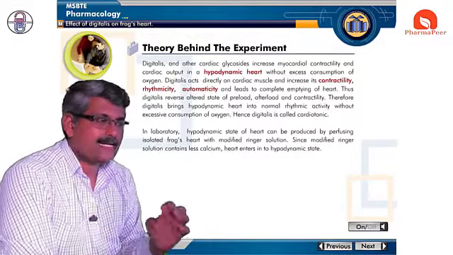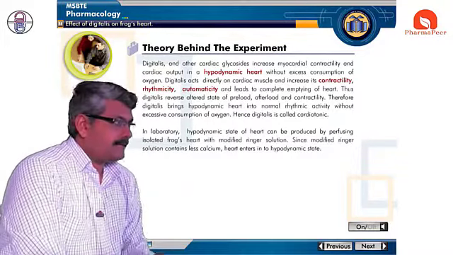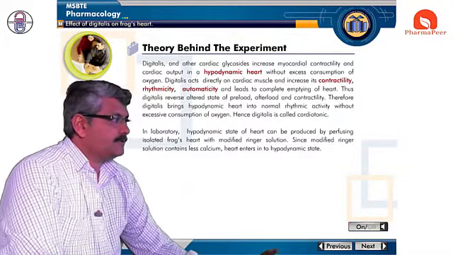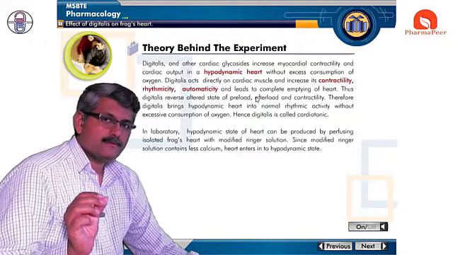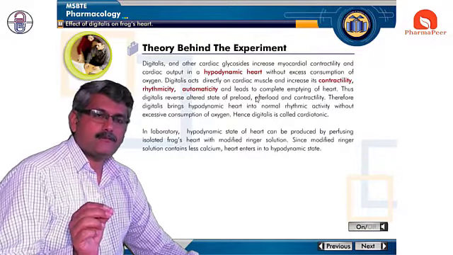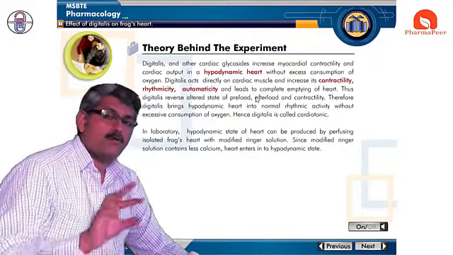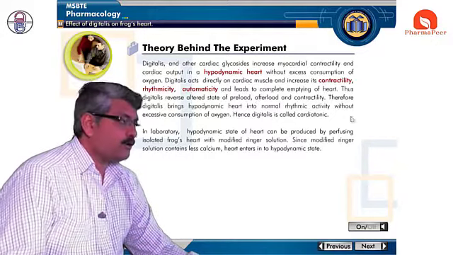That is, the contracting abilities get reduced, which we call a decrease in contractility. So this is all about how we create a hypodynamic state of the heart and how we can convert it into the normal heart.